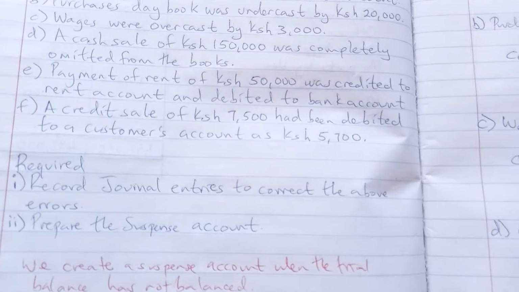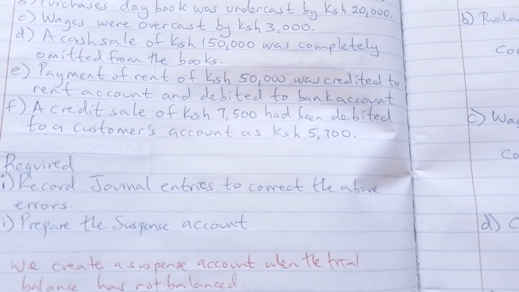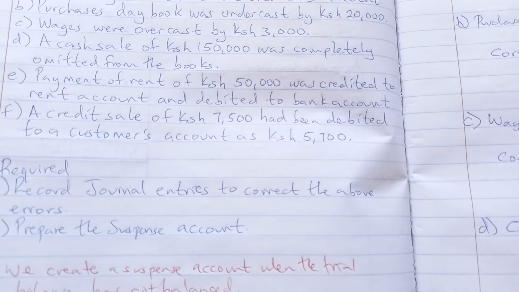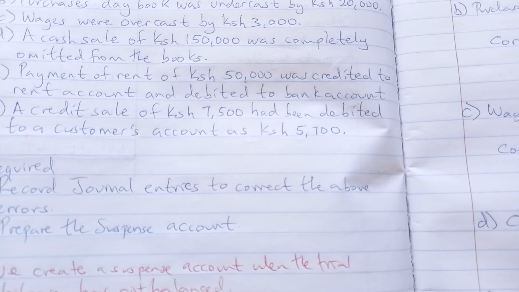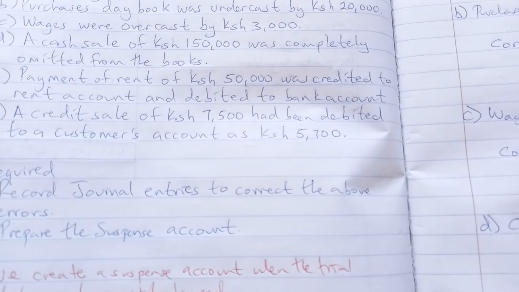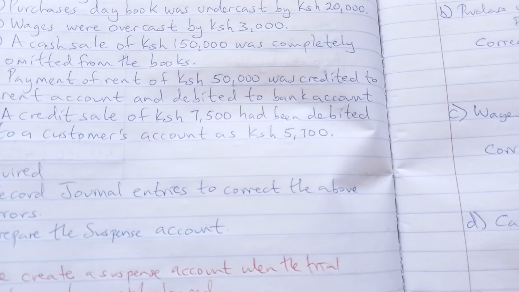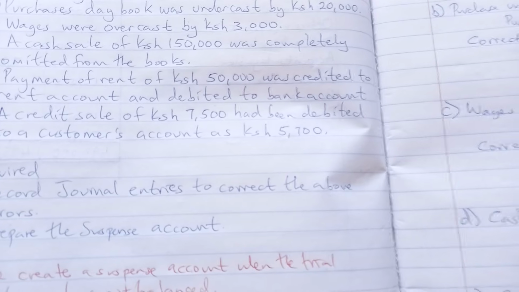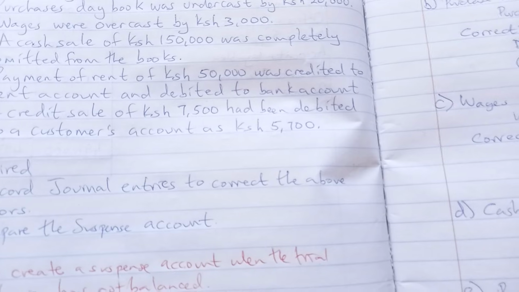So if we move to E, payment of rent, 50,000 was credited to rent account and debited to bank account. So here, payment of rent of 50,000 was credited to rent account and debited to bank account.